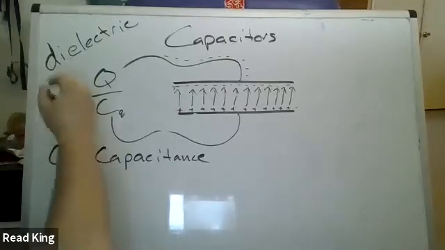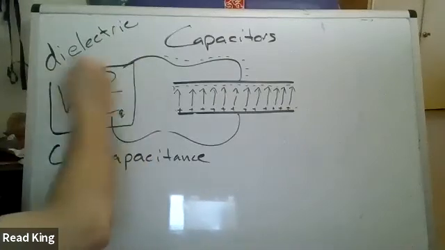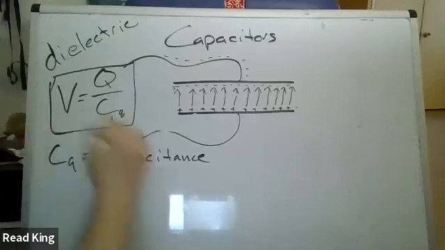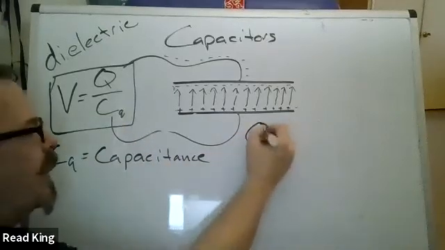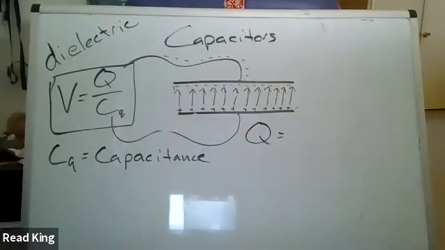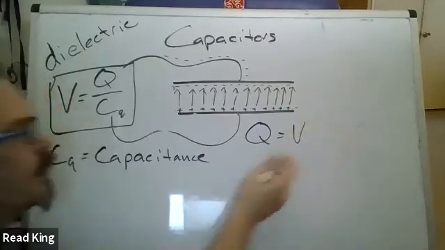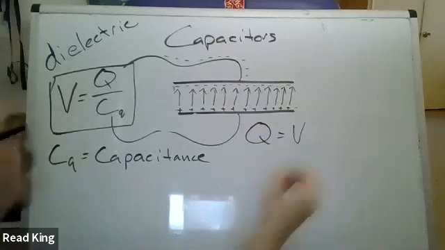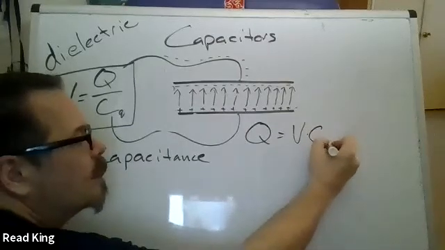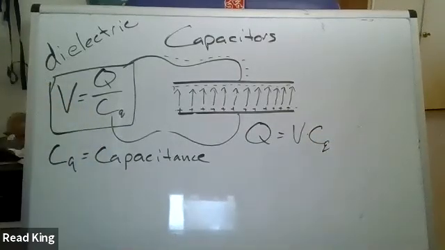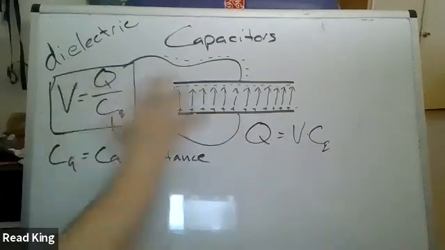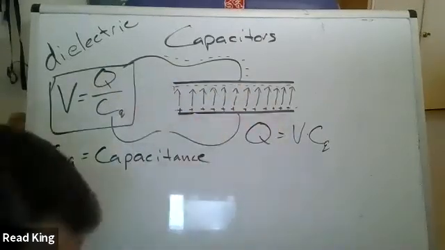And so this equation is one that we will use when we're dealing with capacitors. The other way to look at this equation that may be easier is how much charge can a capacitor hold? That's going to be equal to the potential between them, the voltage, times the capacitance. I always like to have equations that don't have the dividing in it because it's easier for me to remember, but however it works for you, they're the same equation.